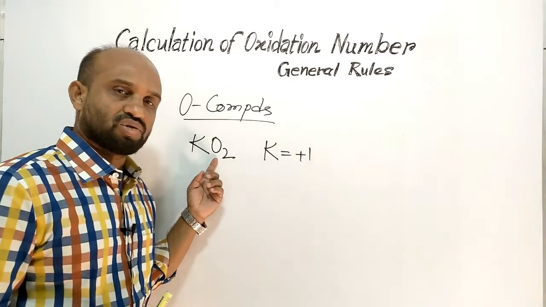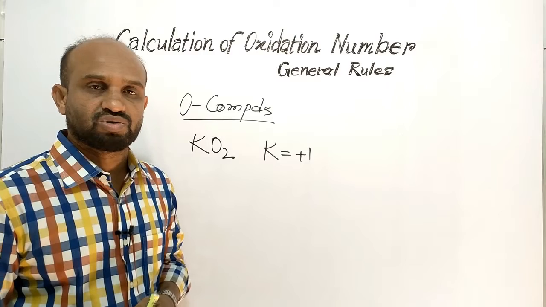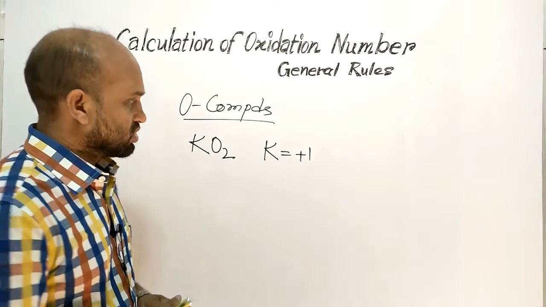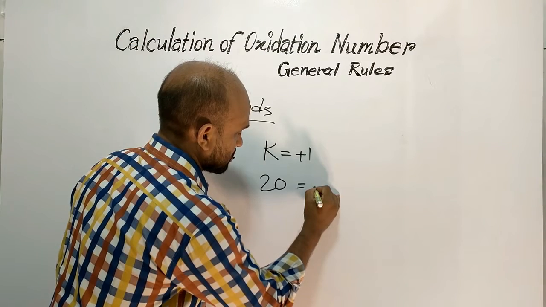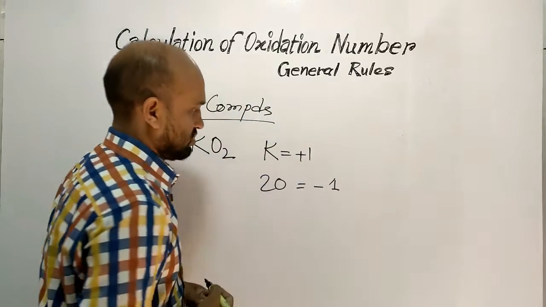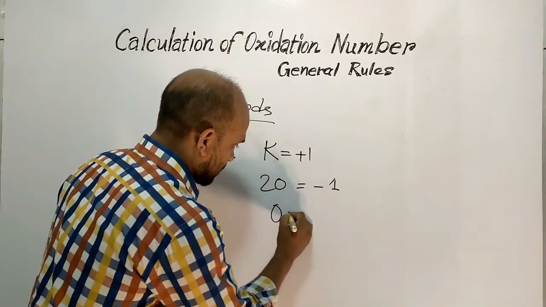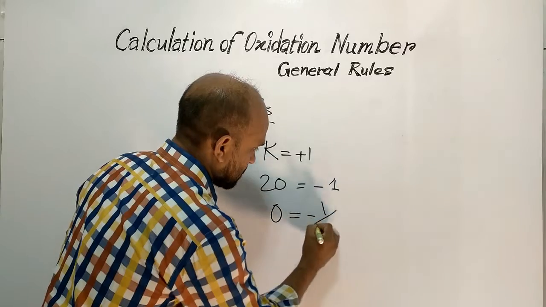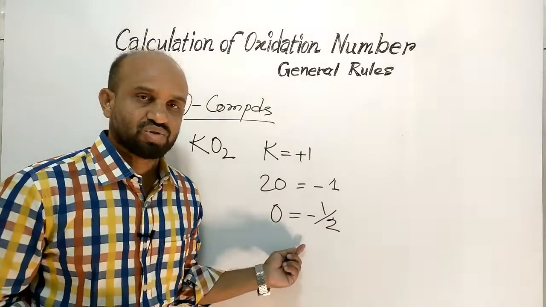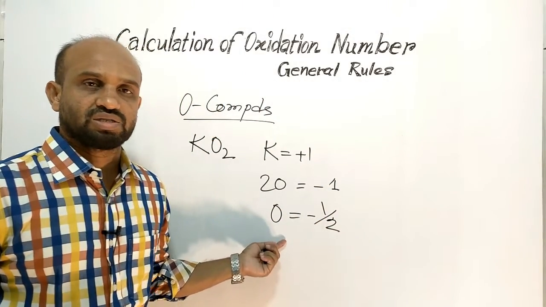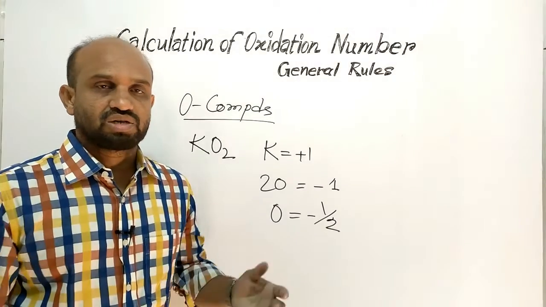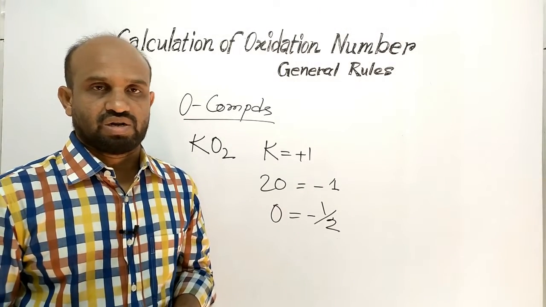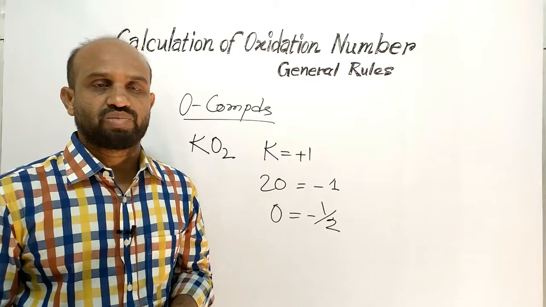This 1 electron is accepted by 2 oxygen atoms. So 2 oxygen atoms accepted 1 electron, so the oxidation number of oxygen will be -1/2. Oxidation number may be fractional, but valency cannot be fractional.